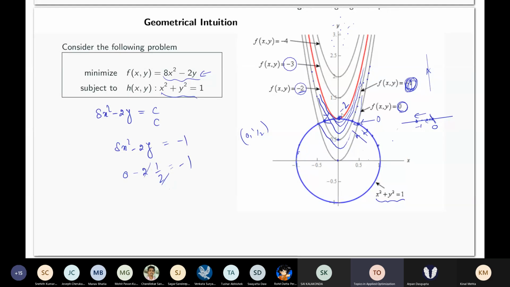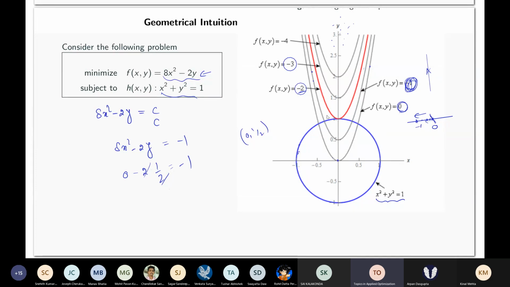Mathematically, what will this boil down to? If I now remove this point, how do I characterize it? I was coming here and then I hit here, and it's the point where the level curve just touches.